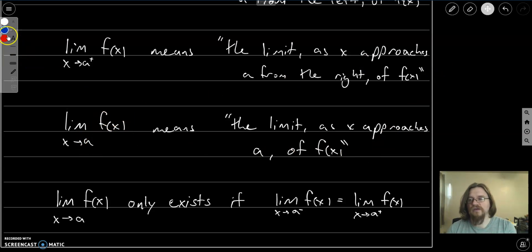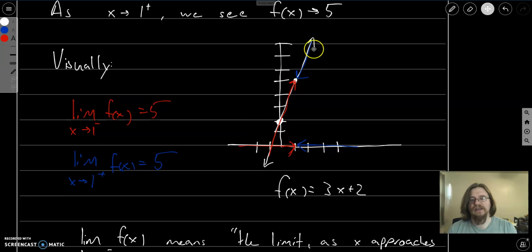And again, without the plus or minus sign, this means that we're technically approaching from both sides simultaneously. And we can see in this diagram that it doesn't matter what side we're approaching from. In our function, we always are approaching 5.